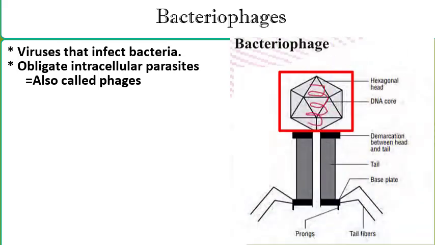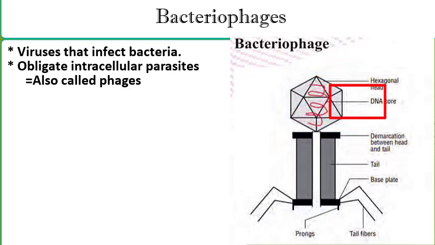This is the hexagonal head of the bacteriophage that is determined by capsid protein to enclose the DNA core or genome of the virus. This is the genome of the bacteriophage, which carries the genetic information necessary for replication of new phage particles. This is the tail sheath part that contracts to move the genome from the head into the host cell's cytoplasm.